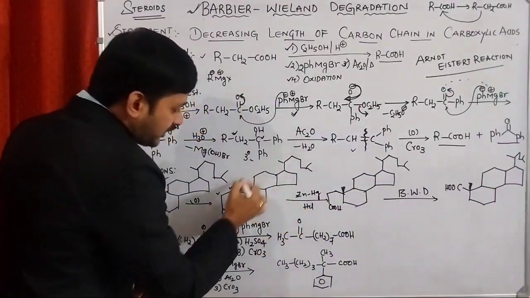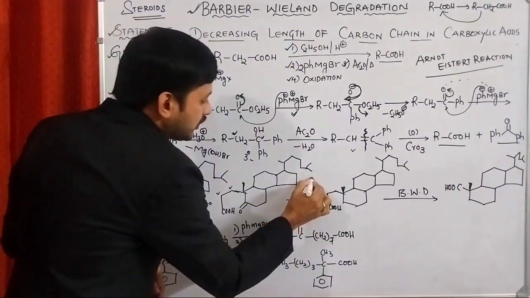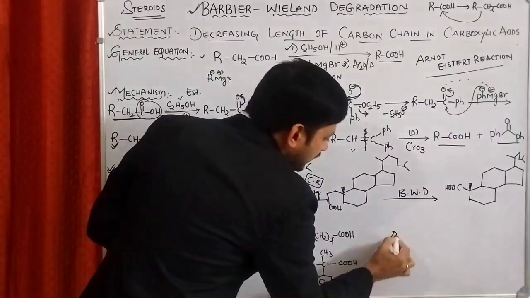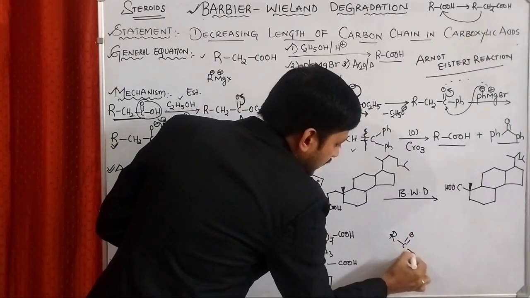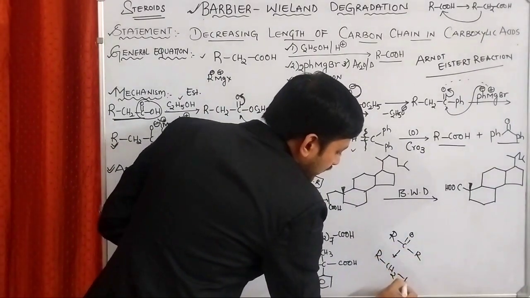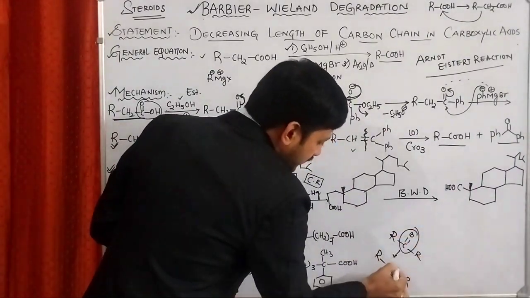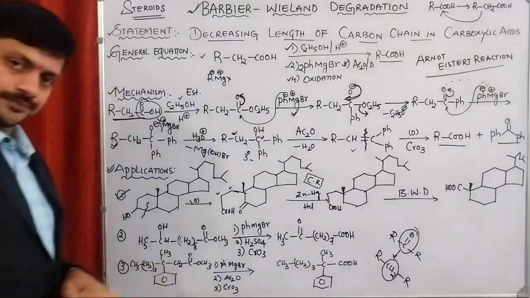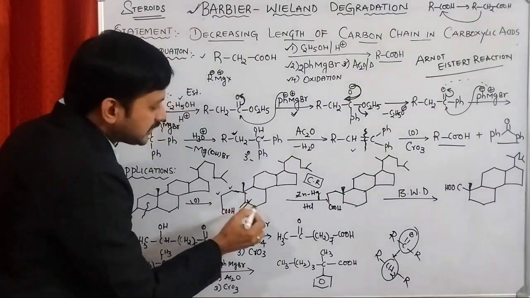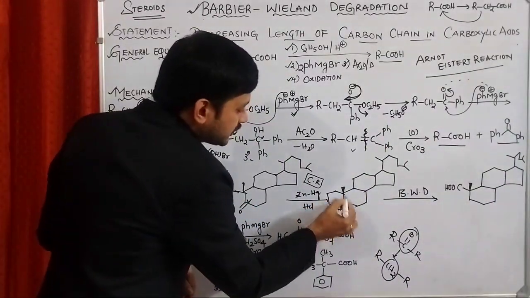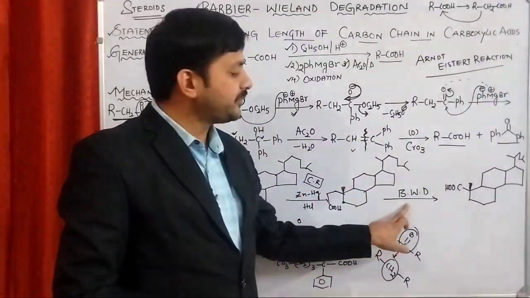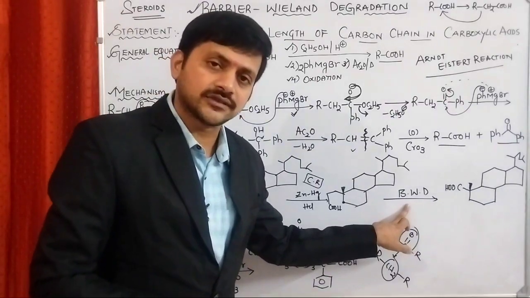this moiety is subjected to Clemmensen reduction. We know that Clemmensen reduction is used for the conversion of these kinds of compounds into the corresponding hydrocarbons: C=O is converted into CH2. Here the same situation takes place. This C=O is converted into CH2. Then this is subjected to Barbier Wieland degradation 2 times.